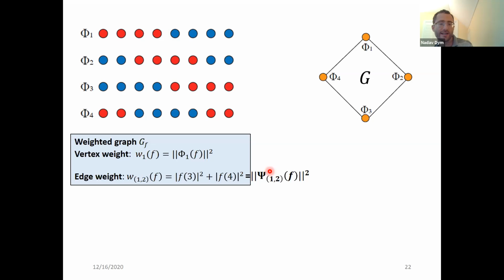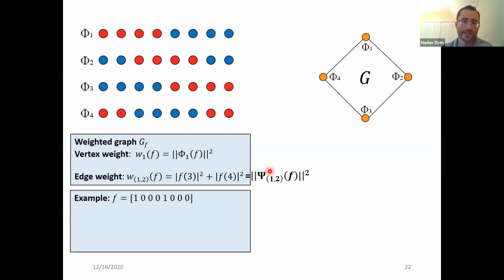Now the phase retrievability of f will be related to the connectivity of this graph. For example, if I have an f which is 0 everywhere except for the first and fifth coordinate, the corresponding graph will look like this. Since the first coordinate appears in phi1 and in phi4, there will be an edge which connects them.